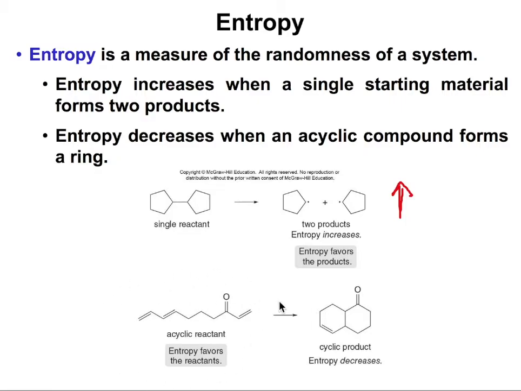And here is what we were talking about before. So here I have an open chain, but when you lock it into a cycle, then the entropy diminishes, right? So this is more disorganized than this is.